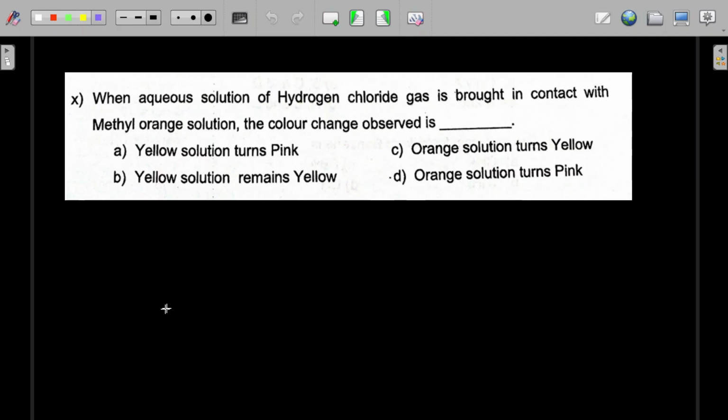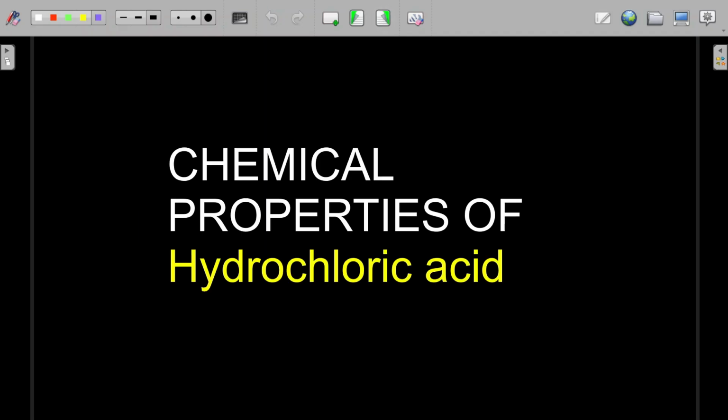Ruhani, tell me the answer. Hydrogen chloride gas brought in contact with methyl orange solution turns pink. So we have to remember: pink, orange, yellow are acid, neutral, base.